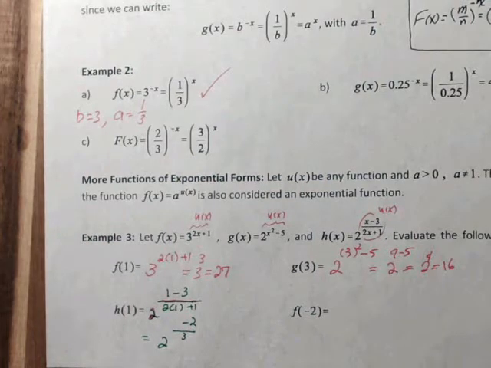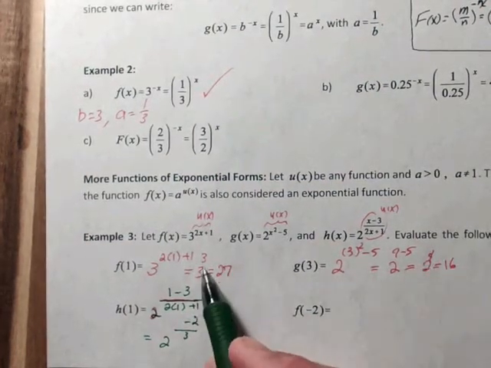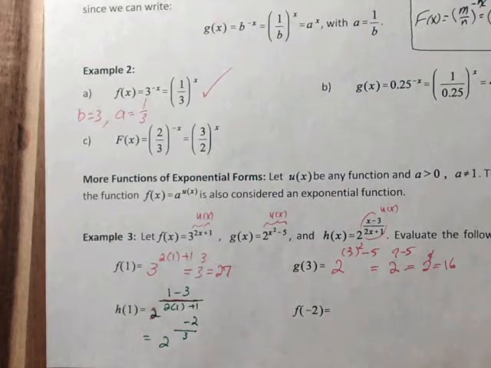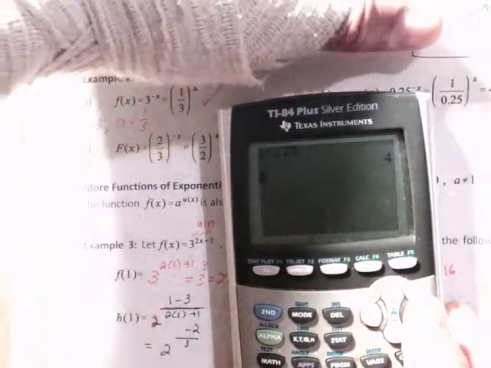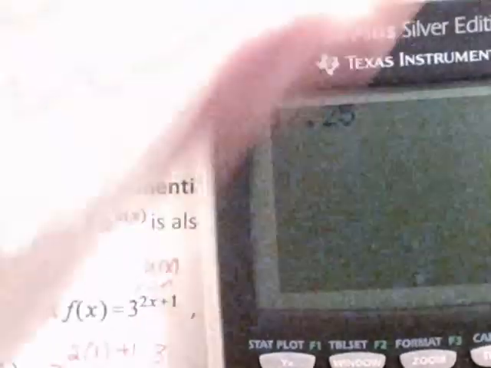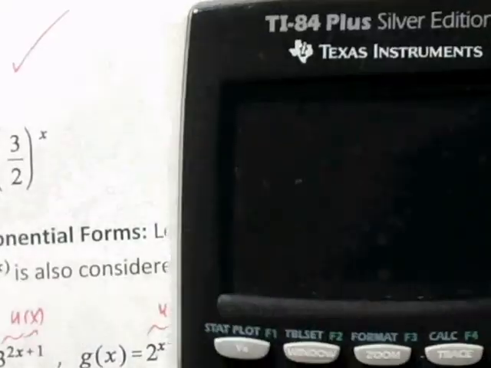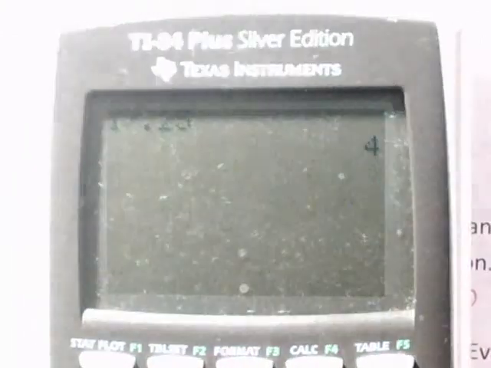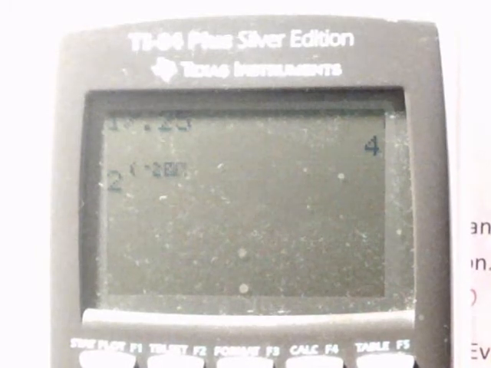Then of course this is not like 2 to the power 4 or 3 to the power 3, which I can do without a calculator. But here I actually have to use a calculator. So here's your calculator. If I zoom this up, you see, I have to do 2 to the power negative 2/3. So here we go: 2 to the power, parentheses, negative 2 divided by 3.